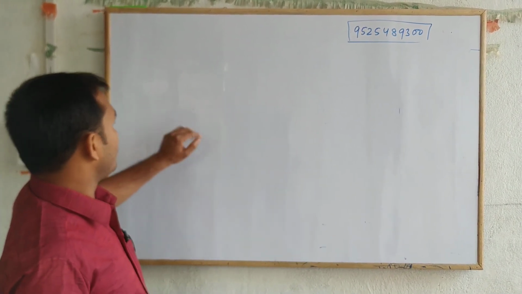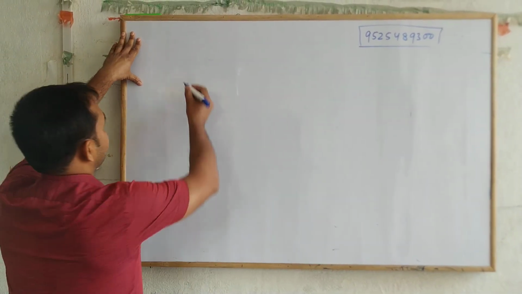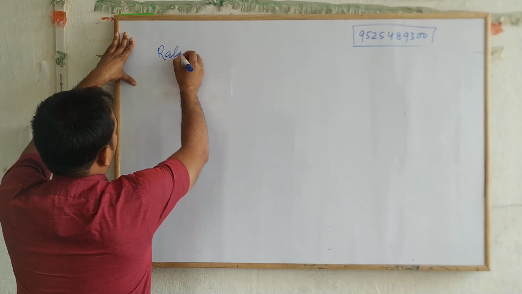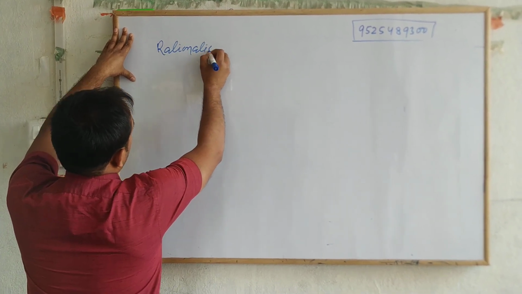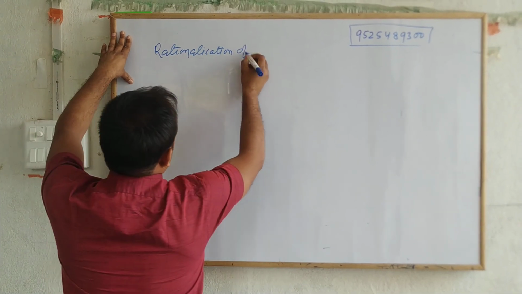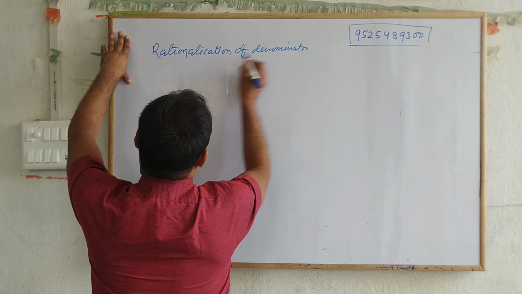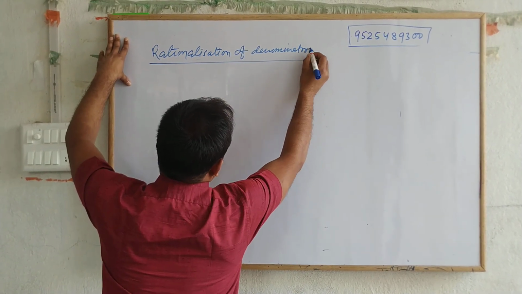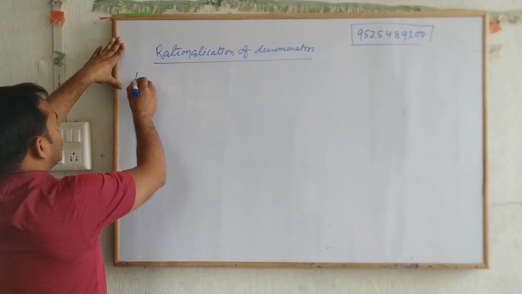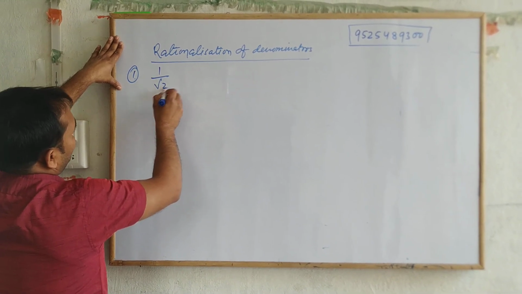So look here once again, rationalization of the denominator. First look here, question number 1: 1 by root 2.